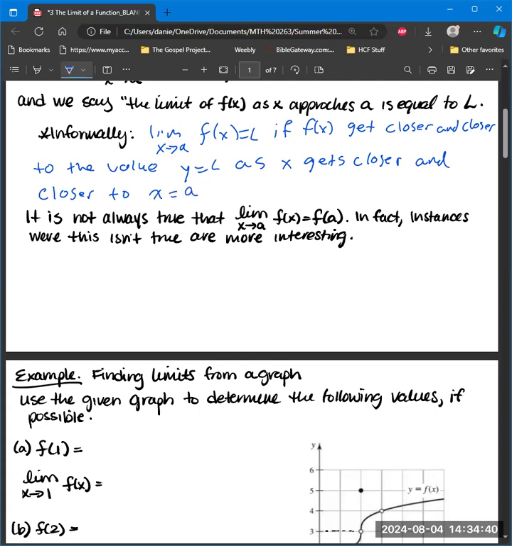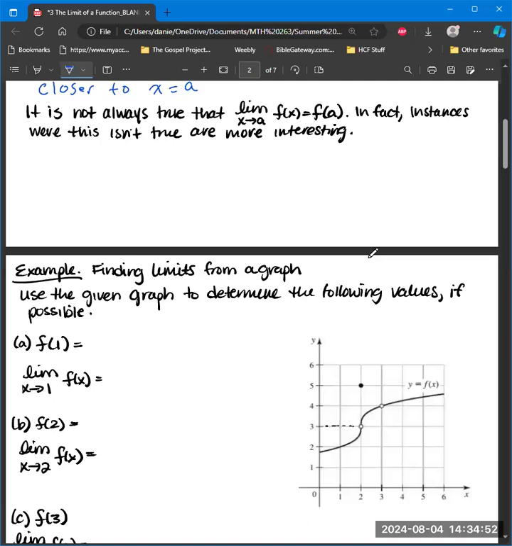It's not always true that the limit as x approaches a of f of x is equal to f of a. In fact, there are many instances where this isn't true, and they are more interesting.